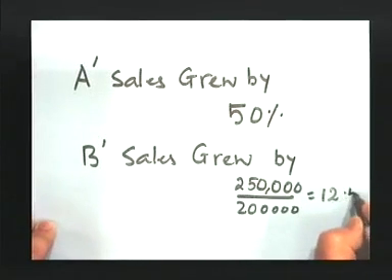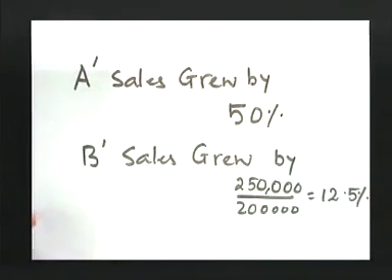It grew by only 12.5%. So, this way you can compare that although the sales in year 1 for both the companies were the same, company A grew faster, company B grew in a slower manner.